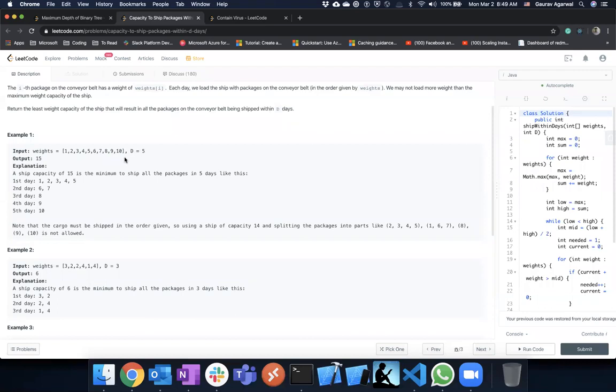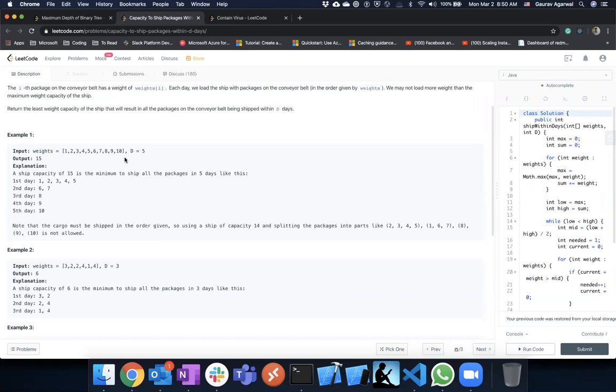So if the cumulative sum is 55 and the day is 1, then we need to ship 55, and the minimum capacity will be 55. Now the max over here is 10, so at least we need 10 in one ship. So you are saying that if we have infinite days, then maybe we can ship one package per day.